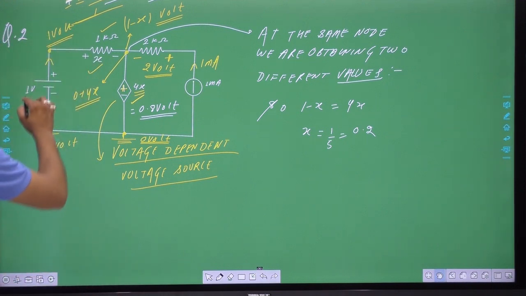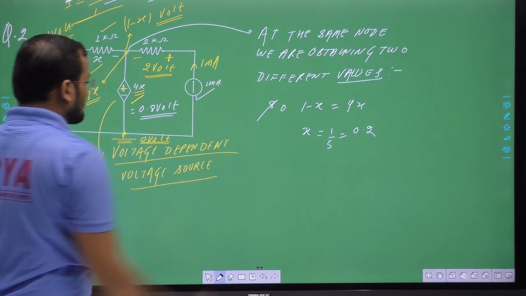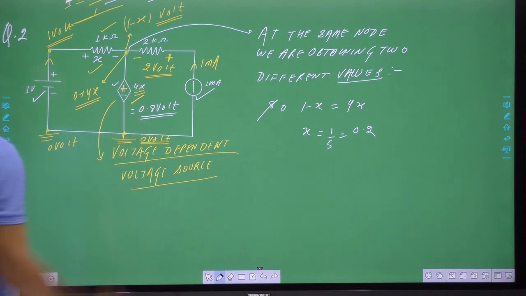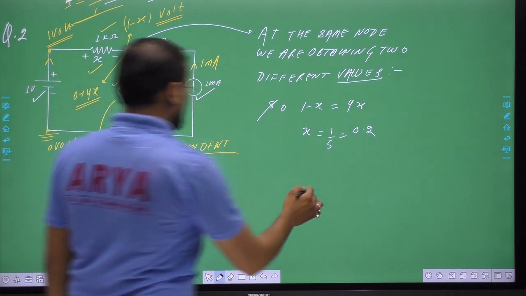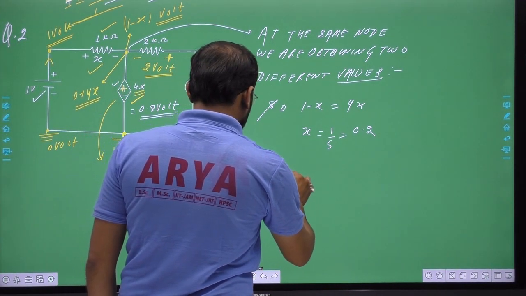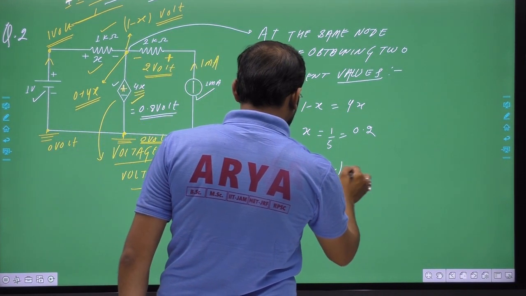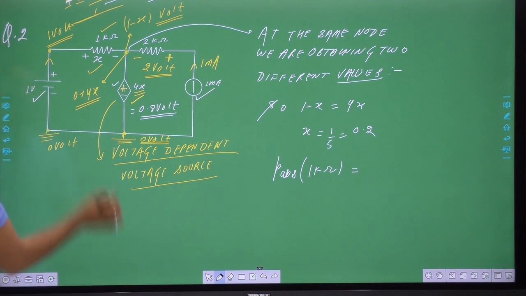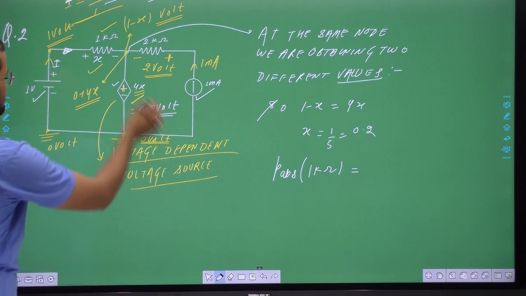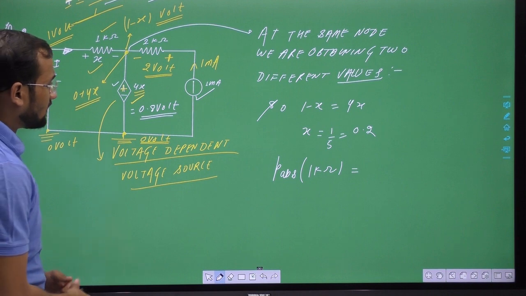As these are the active elements, we will find power delivered by them. So, power absorbed by 1 kilo ohm. What is power absorbed by 1 kilo ohm? As current I is entering in this resistor, and what is the value of V?